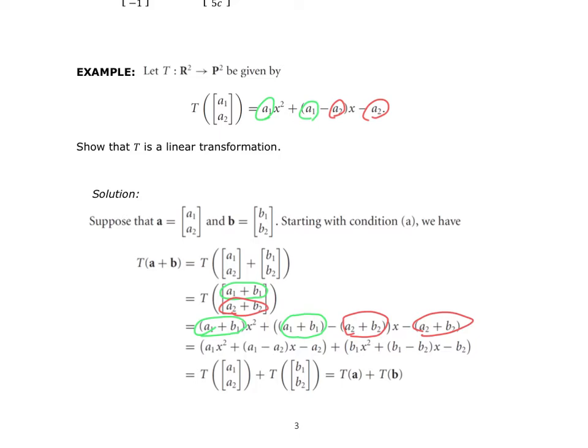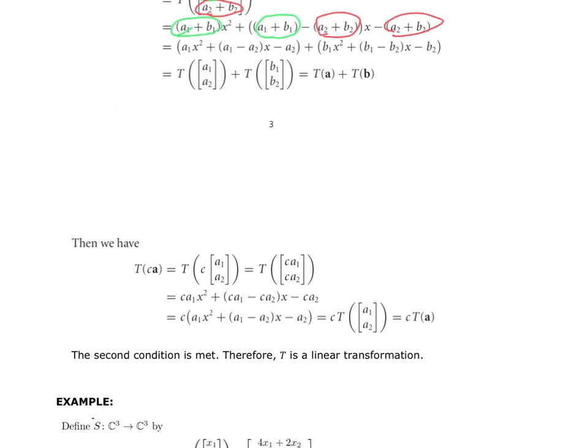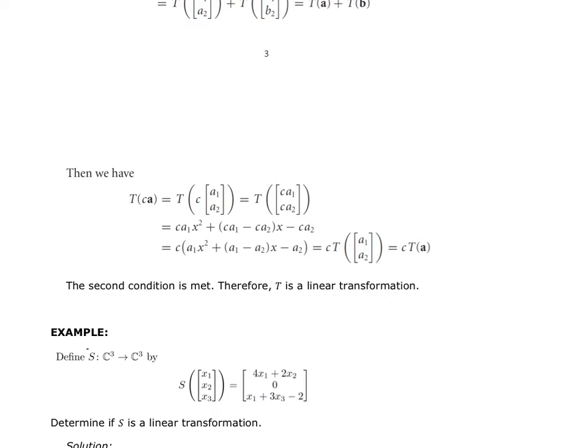So now we have to check the second criteria, which is multiplying by some scalar c. I have to be able to multiply my scalar into my vector and get the exact same thing as if I had multiplied by my scalar after I've done my transformation.